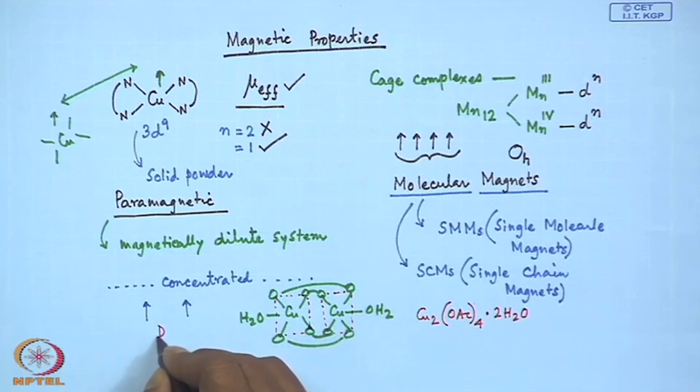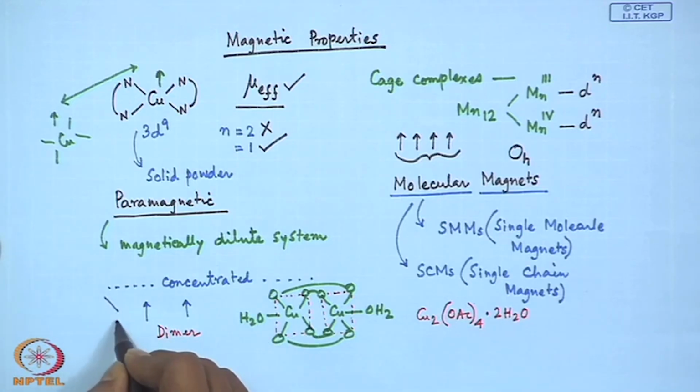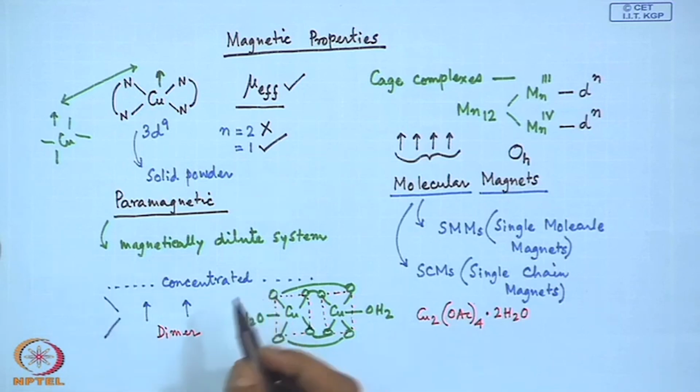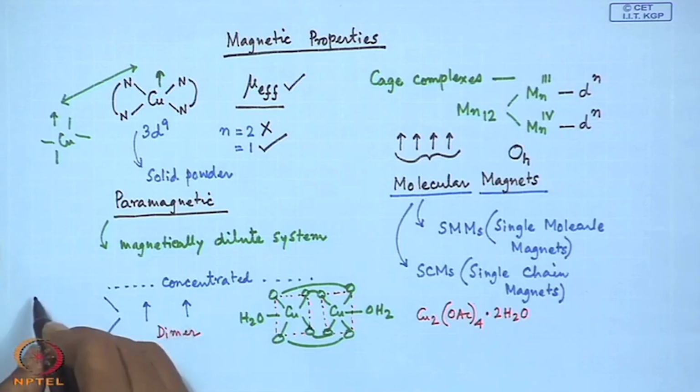So, we get a dimer, and in that dimer these two unpaired spins can definitely interact with each other, and that interaction can also be measured experimentally by determining the corresponding magnetic moment of the system. When they are interacting in such a manner the overall magnetic moment can be increased, we get a ferromagnetic interaction.